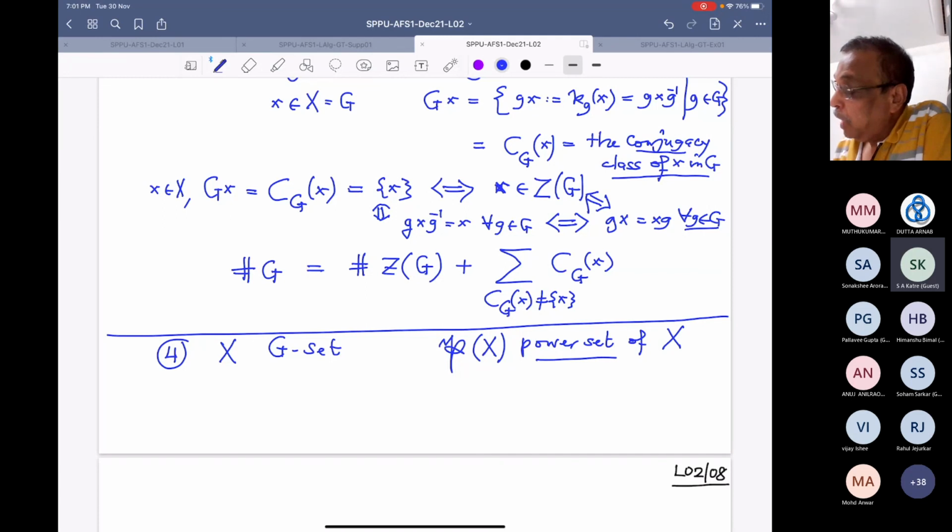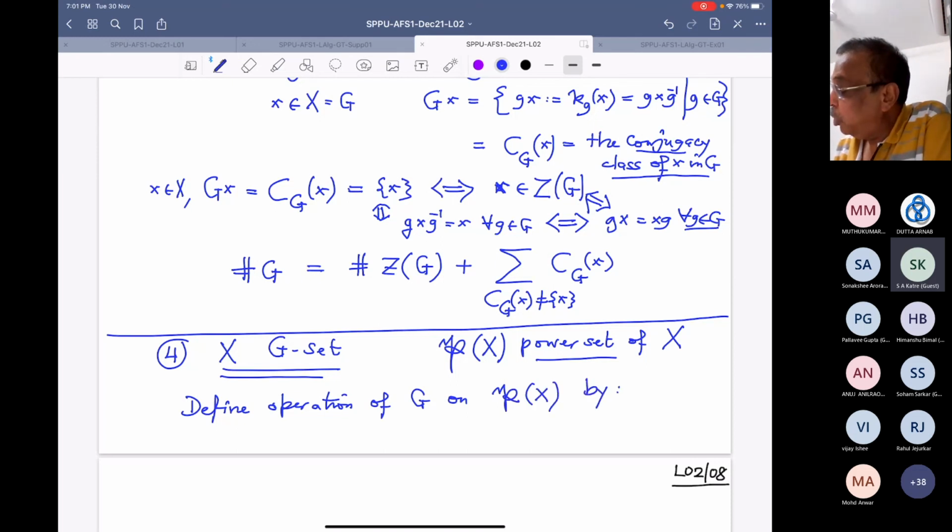And then I want to define an operation of G on the power set by using the operation of G on X. This is given to us. So define the operation of G on the power set of X.